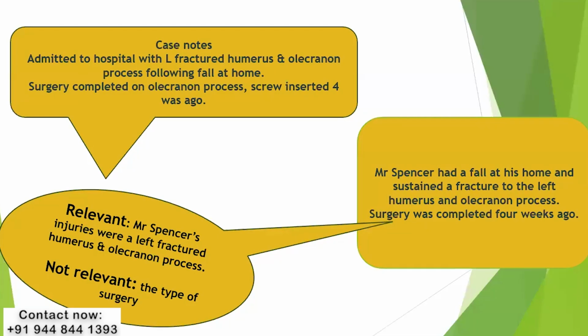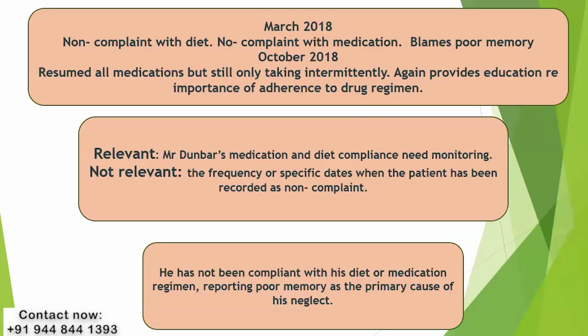Moving on to another example, this is Peter Dunbar's case note. We are transferring the patient to the community nurse. In this case note there are 4 or 5 visits on different dates, and all the dates tell you the patient is not compliant with his medication and diet.